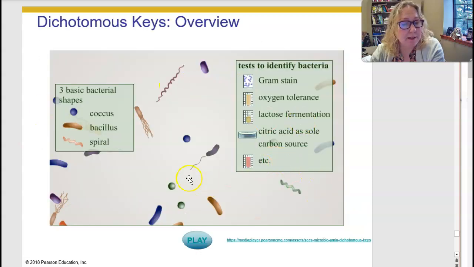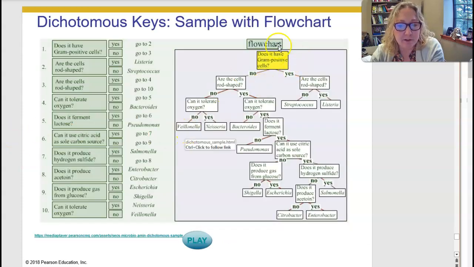Again, dichotomous keys. These are all the things that it will do. It will move you through something like this. So is it gram-positive? Yes or no? Is it rod-shaped? It could be. So really, if you're gram-positive, yes, and it's rod-shaped, then you probably have Listeria. Boom, done. I'm not giving you Listeria because it's too easy.